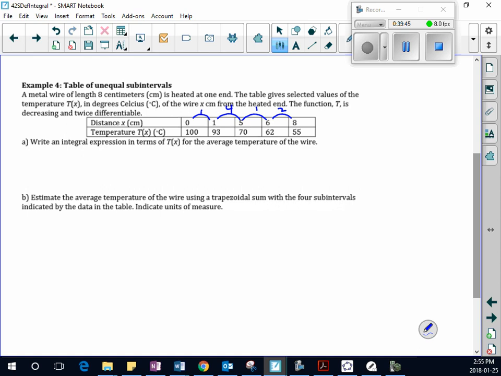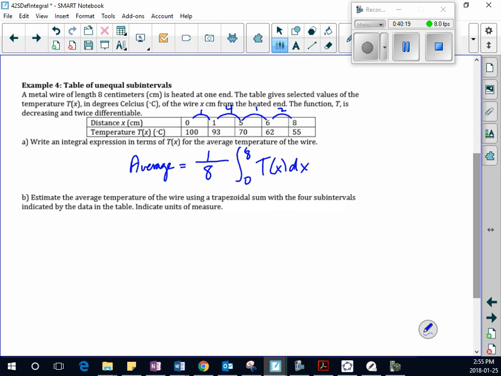So what would the average temperature be? 1 over 8 minus 0, so 8, times the integral from 0 to 8 of the function t of x dx. Okay? For some reason, that's an easy mark if you know what to do on the exam, right? Yeah, they actually asked you that.